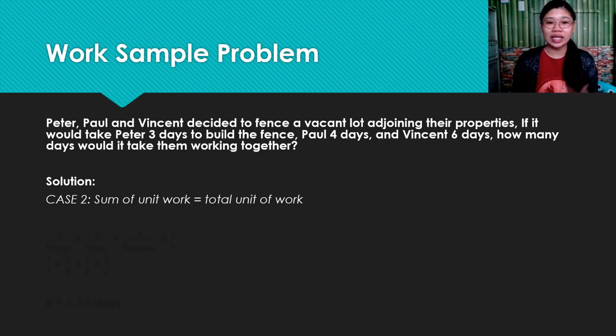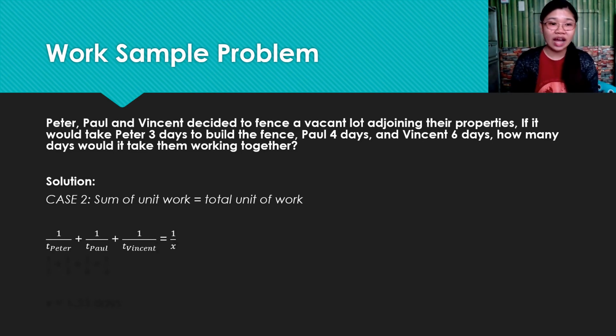Because we are provided the unit work, or the time, to be specific, the days in which Peter, Paul, and Vincent can do the job alone. And the question is, how many days would it take them to finish the job when they are working together? So case 2 is the perfect case for this problem.